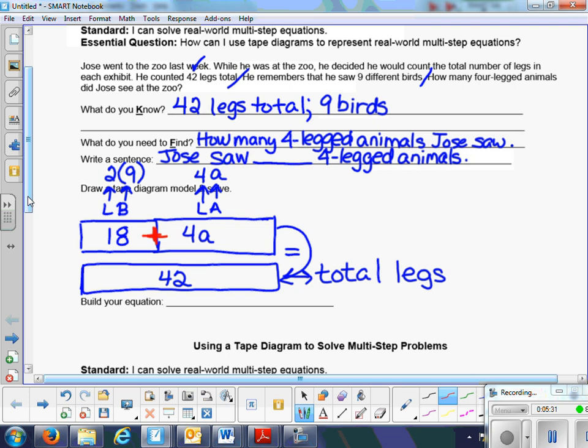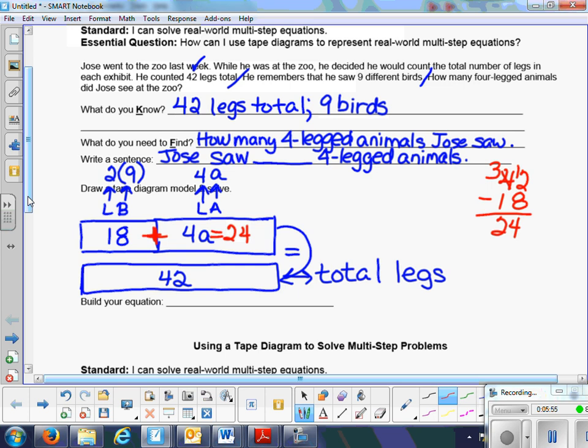What could I do in order to find out what 4A is equal to? Well, if these are equal bars, that means I can do 42 minus 18, and I'm going to get 24. So that means that 4A equals 24. Now that doesn't mean that he saw 24 four-legged animals.